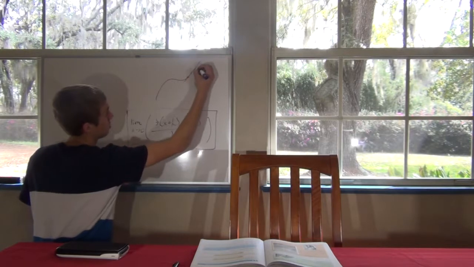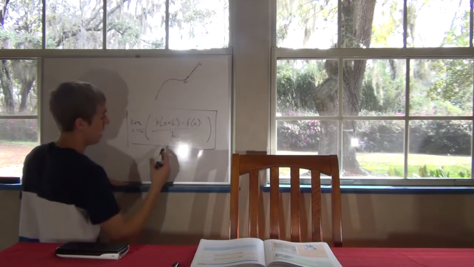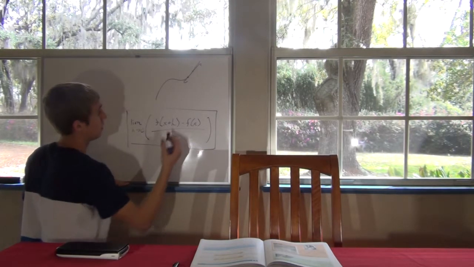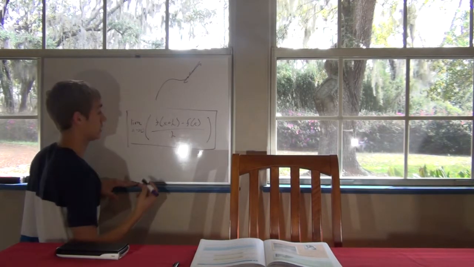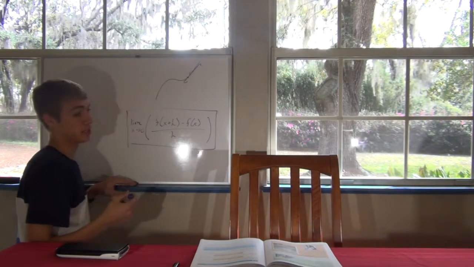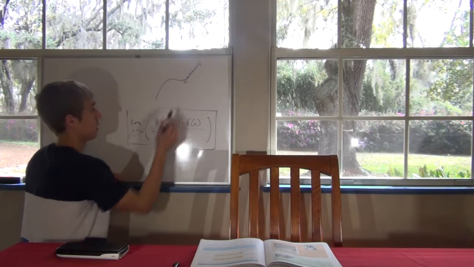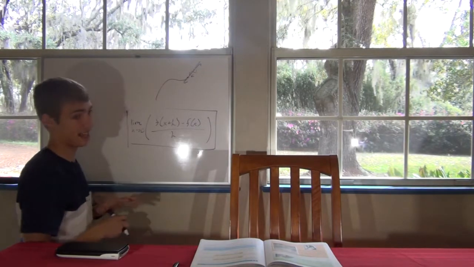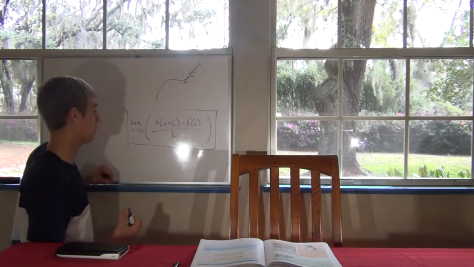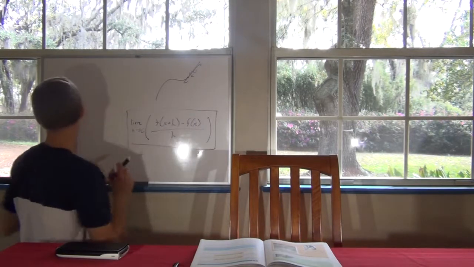So you're taking your line between them, and as h gets smaller, these 2 points are going to get closer and closer together. Or actually, more accurately, your x plus h, f of x plus h point is going to get closer and closer to your x, f of x point. Pretty straightforward.